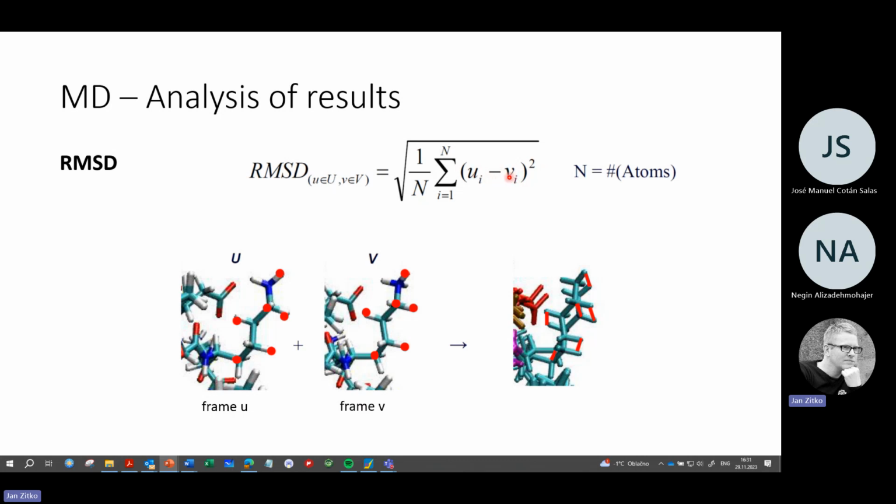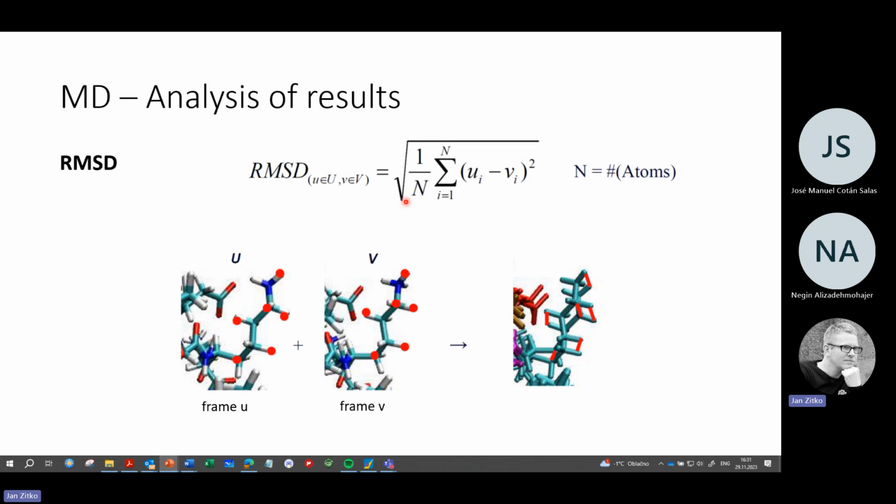Then you do this for all the atoms in the system. The sum runs from 1 to N, where N is the number of atoms in the system. So you compare the positions of all atoms of the protein, or a subset of the atoms, for example the C alpha carbons.